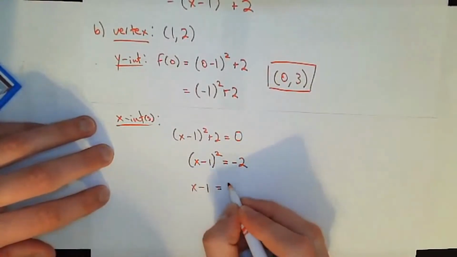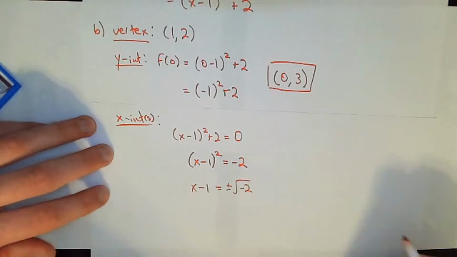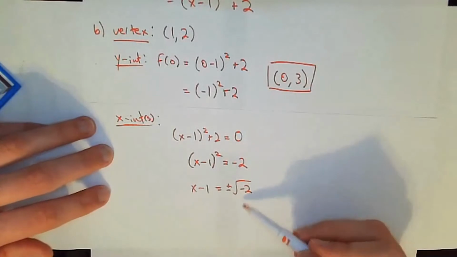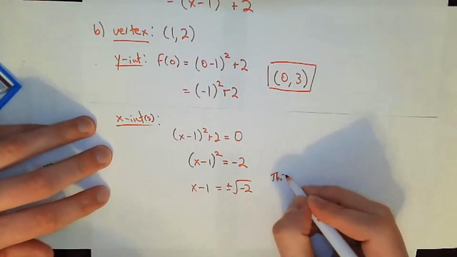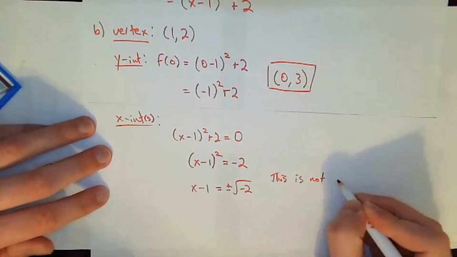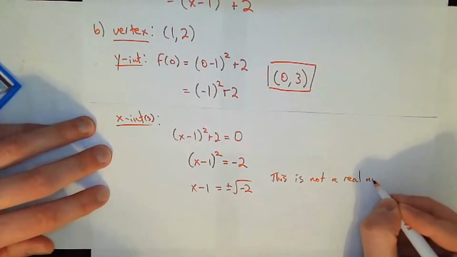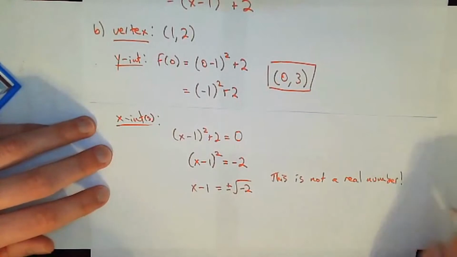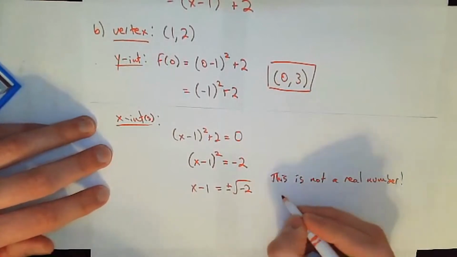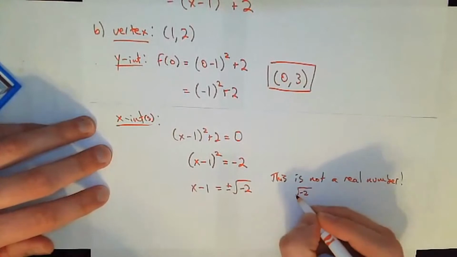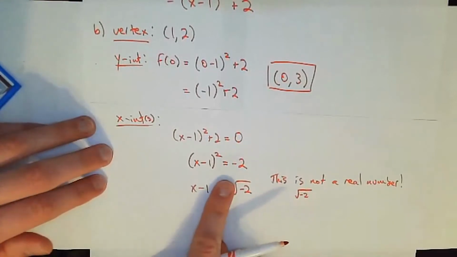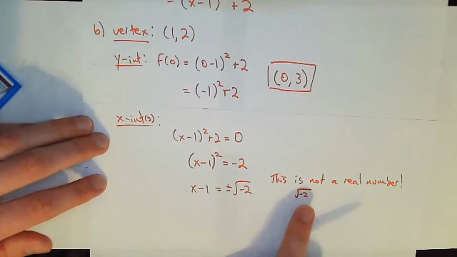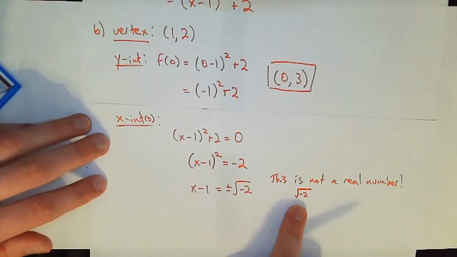X minus 1 equals plus or minus the square root of negative 2. Hit the brakes, right? This is not allowed. The square root of negative 2 is not a real number. The plus or minus is not relevant right now. It's this part that's a problem.